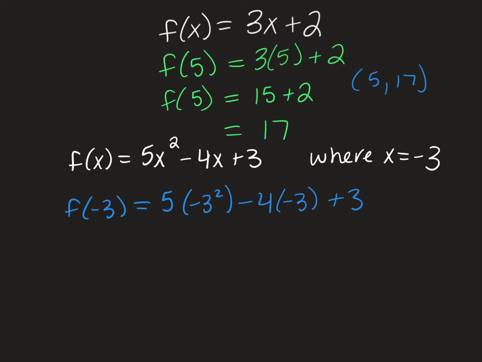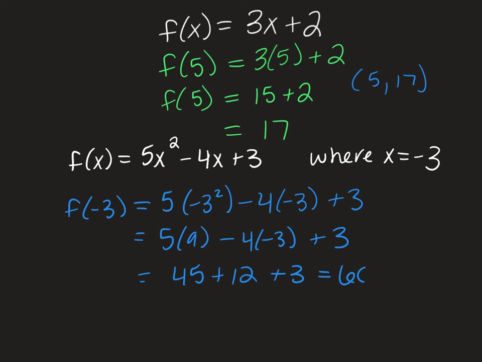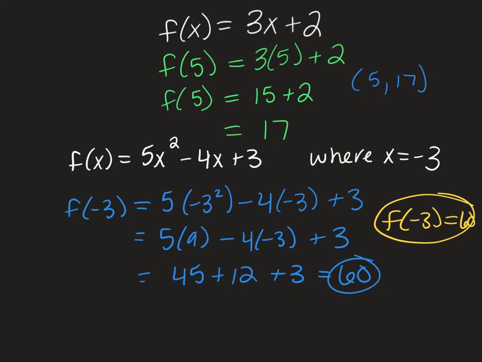Then we're just using our order of operations. We do our exponent first, so negative 3 squared is a positive 9. So we have 5 times 9 minus 4 times negative 3. That's going to be 45 plus 12 plus 3, which would equal 60. So that just means that our function value at negative 3 is equal to 60.